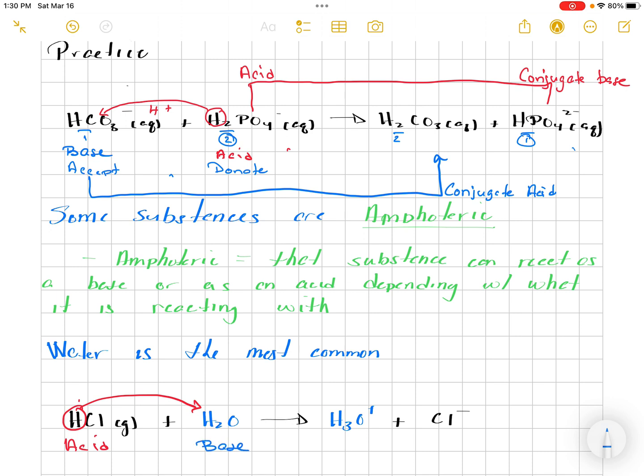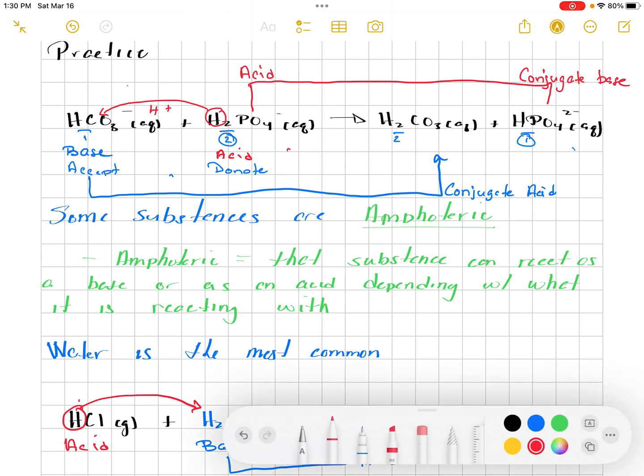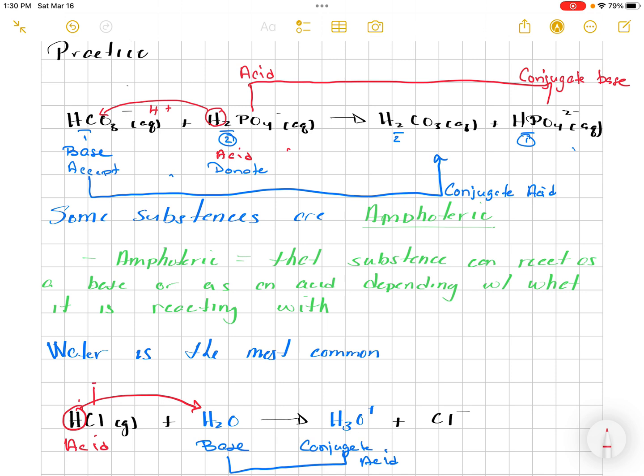If I was to identify the conjugate acid, you can see that on the other side, this is now going to behave as an acid. And the hydrochloric acid, this is the acid, and over here, it's going to react as a conjugate base.